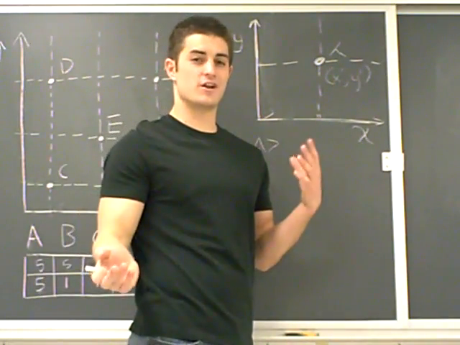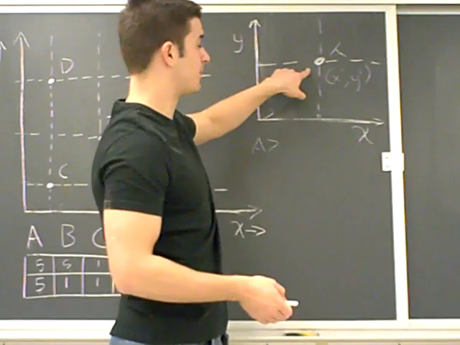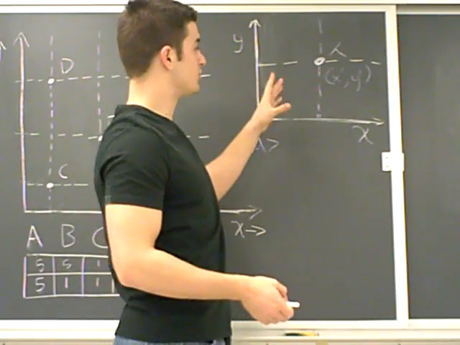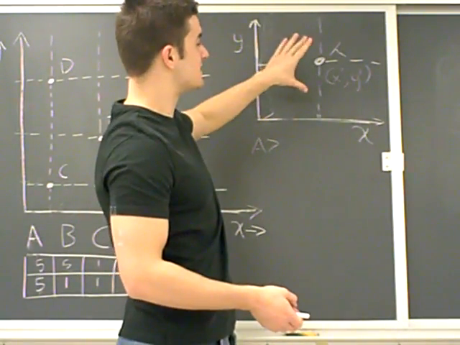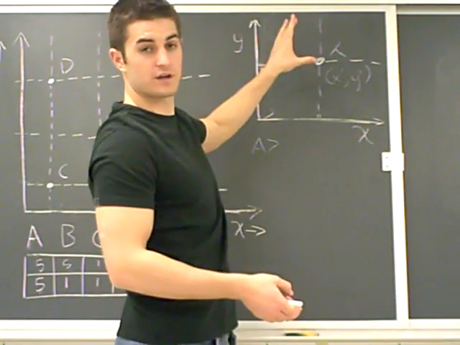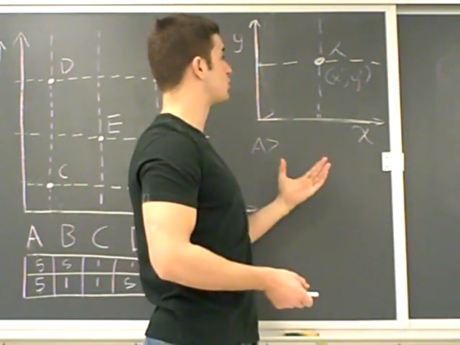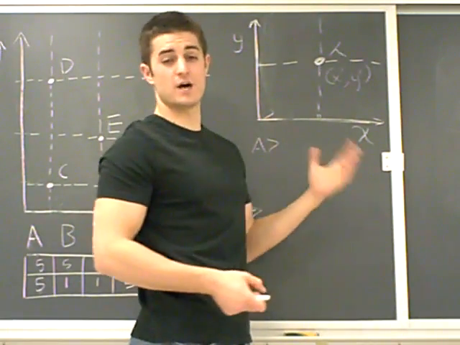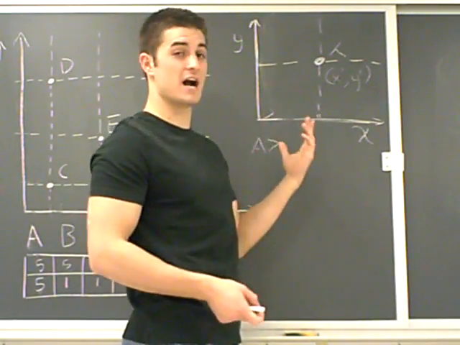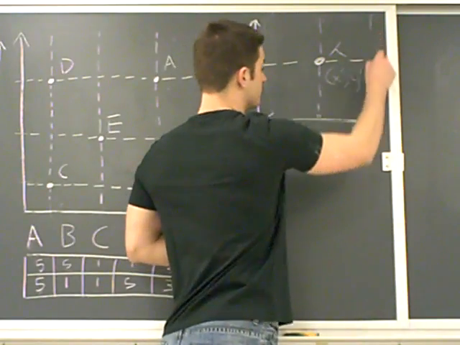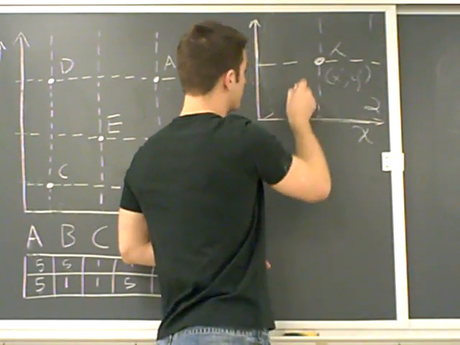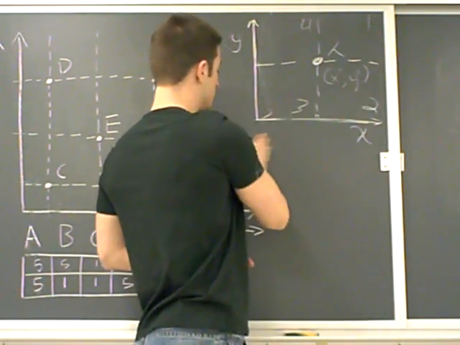These dotted lines separate the graph into 4 different quadrants. I'm going to label these quadrants 1 through 4, starting in the upper right-hand corner and going clockwise.